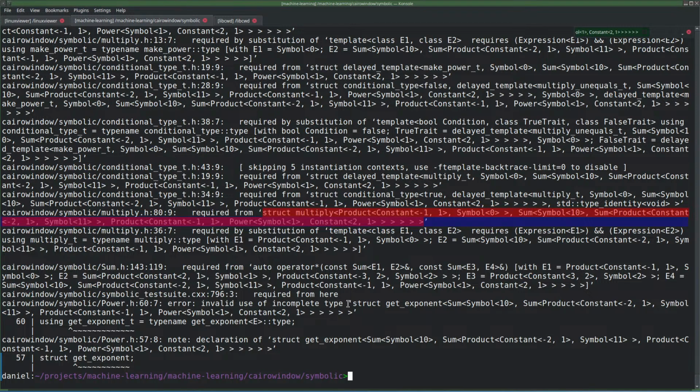Invalid use of incomplete type, which usually means that it's trying to instantiate something that I'm totally not interested in, because it belongs to a false branch basically. I don't know how else to say it.